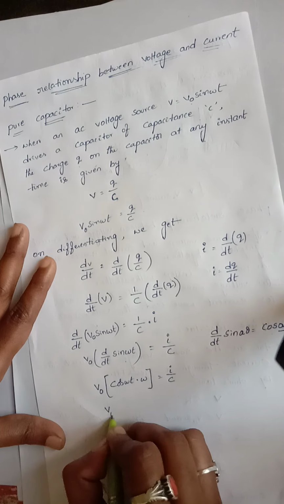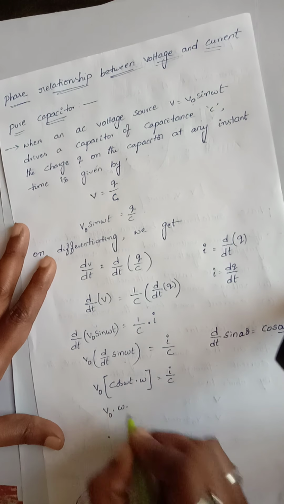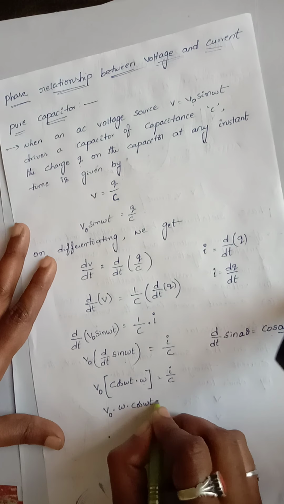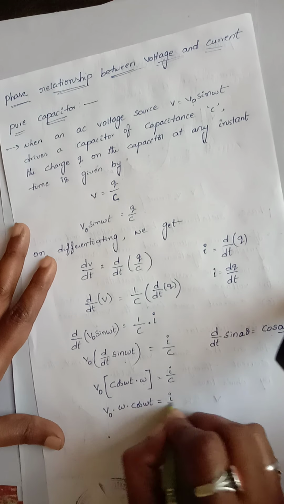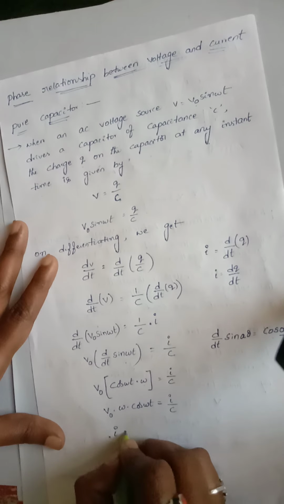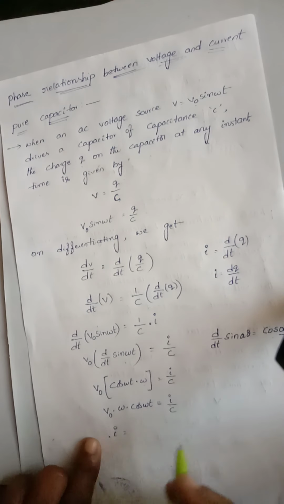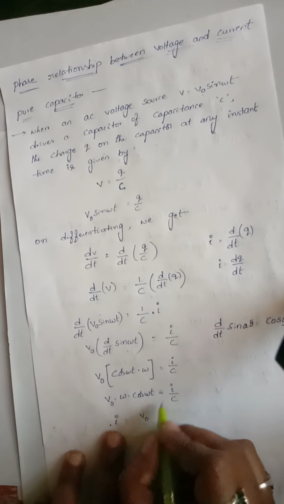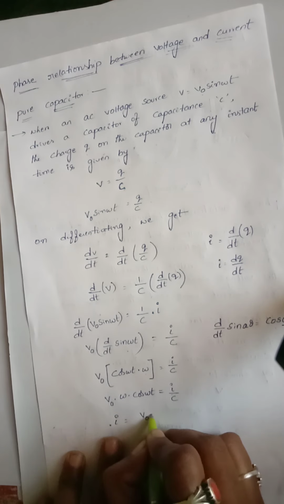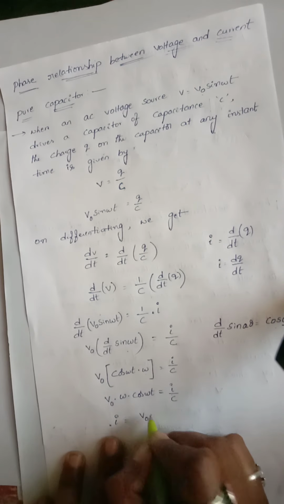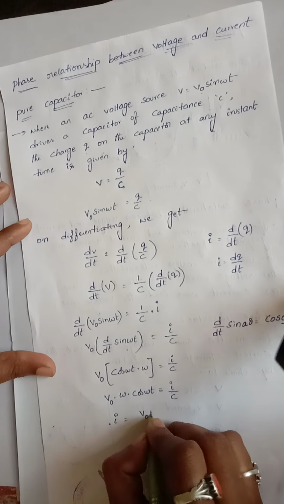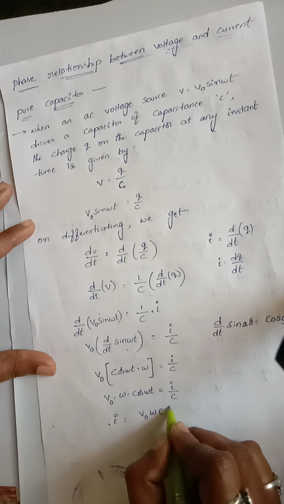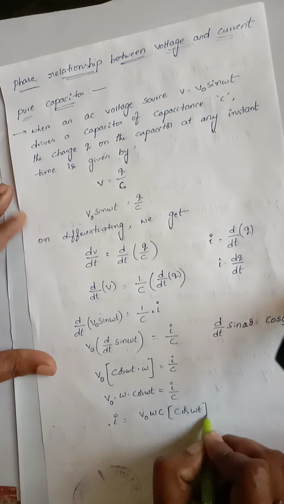So V naught omega cos omega t is equal to I by C, where I equals V naught omega C cos omega t.